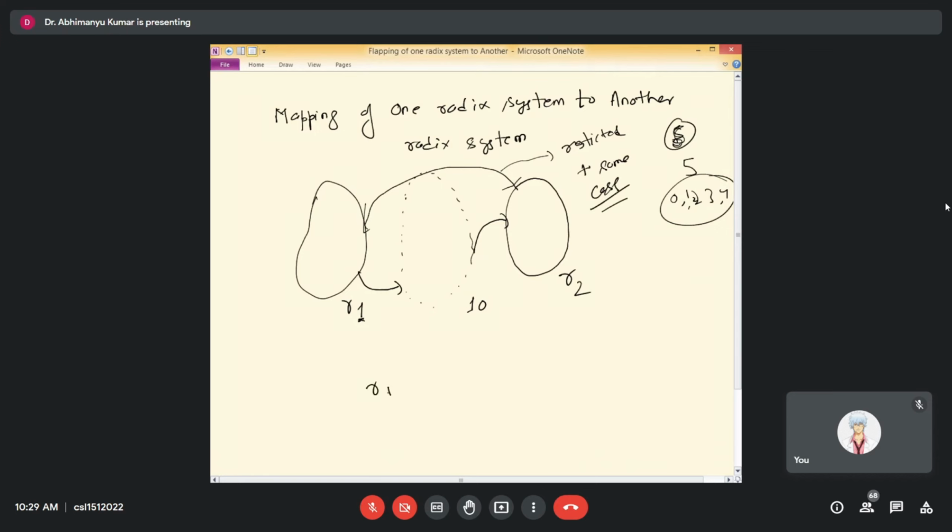Now I am comparing R1 and R2. We would like to convert from base R1 to base R2, or R2 to R1, right?